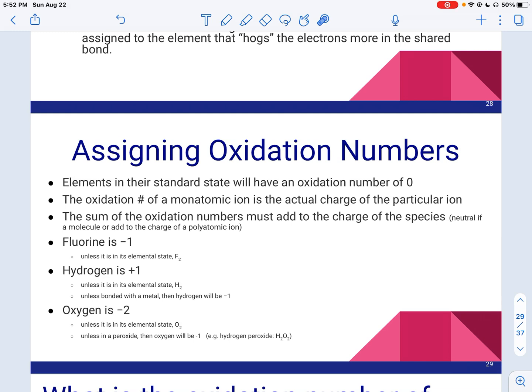And then here we get into kind of how we figure this out. Fluorine is -1 unless it's in its elemental state, F2. Hydrogen is +1 unless it's in its elemental state, or if it's bonded to a metal, then it becomes -1. Oxygen is -2 unless it's in its elemental state or peroxide.